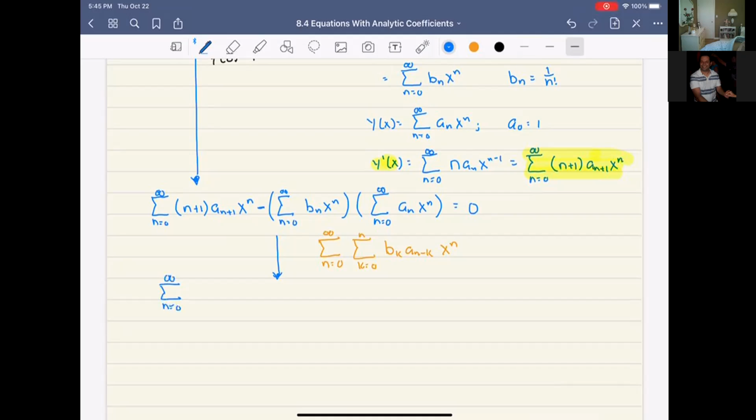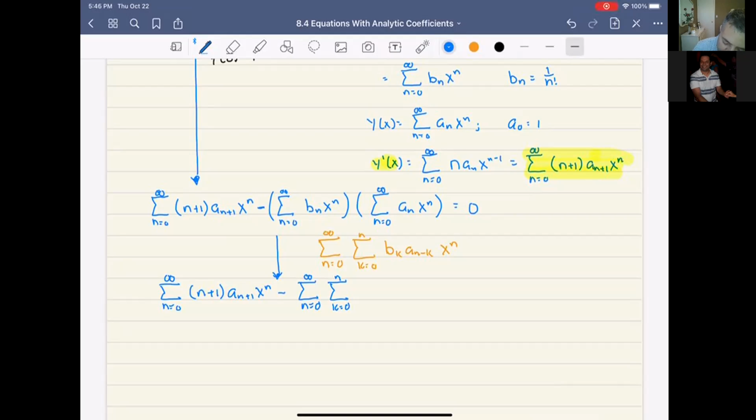the sum n goes from 0 to infinity, n plus 1, a sub n plus 1, x to the n, minus the sum n goes from 0 to infinity, k goes from 0 to n.